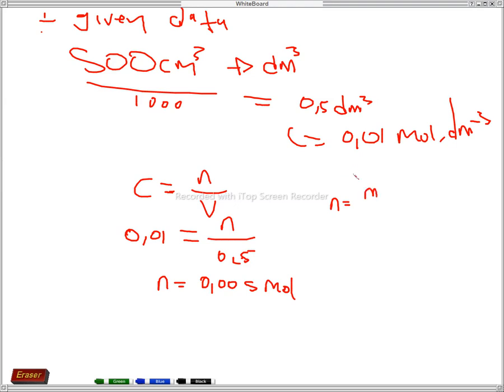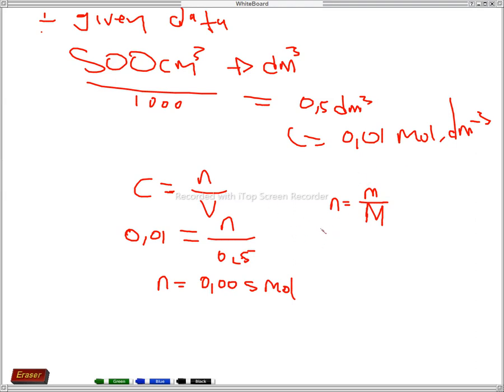From here, you still remember the formula n equals small m over big M. With this formula, you can calculate the mass of sodium chloride. You just substitute into this equation.